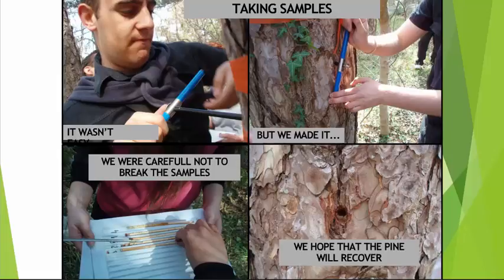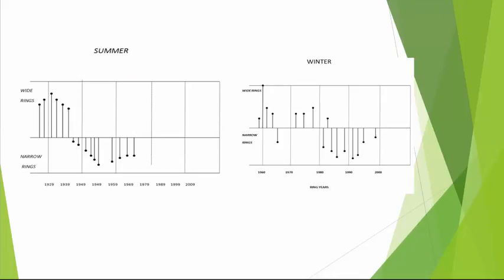After that, we went to control, and here is what we did with the samples. We looked at the brown and lighter brown rings, and with the rings we determined how were the summers or how were the winters.